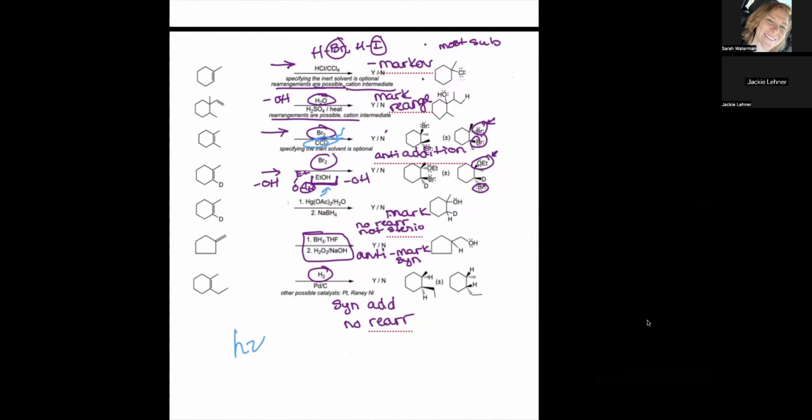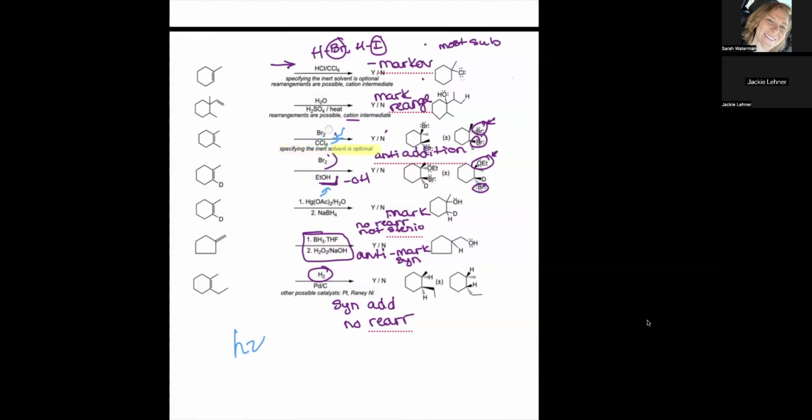So let me see. This one has a front and backside attack. Let me just erase some of this because this is a little crazy.